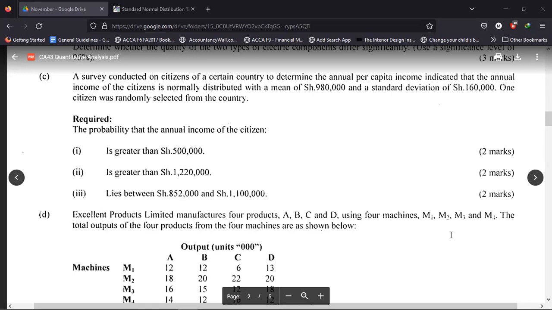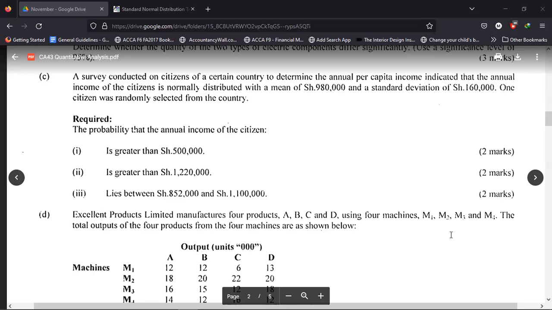Required, the probability that the annual income of the citizen: 1, is greater than 500,000; 2, is greater than 1,220,000; 3, lies between shillings 852,000 and 1,100,000.